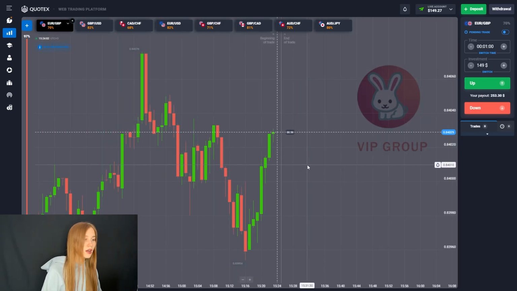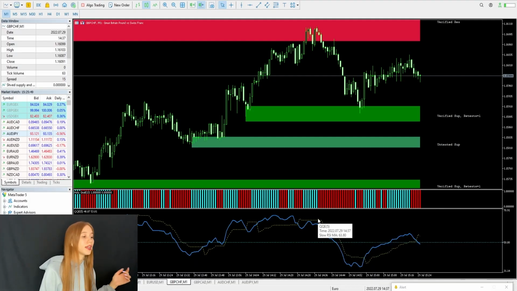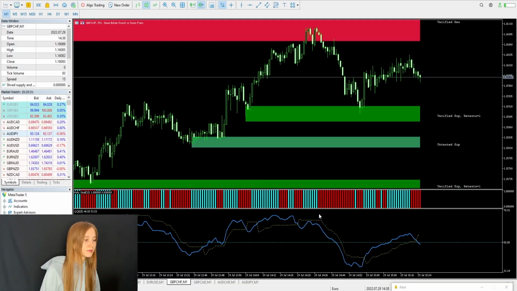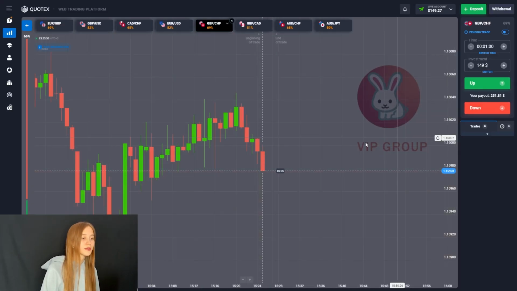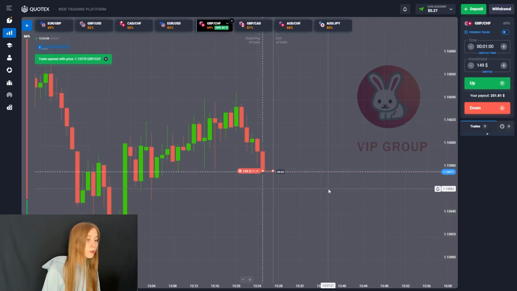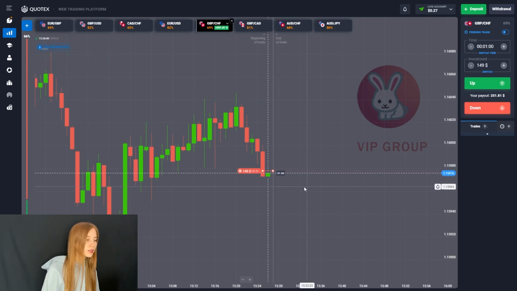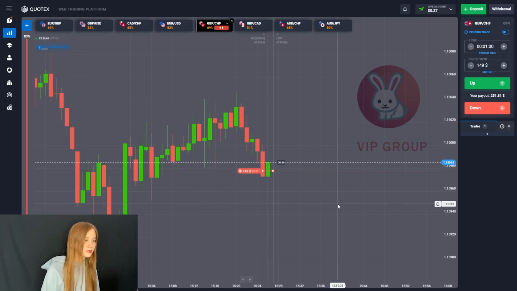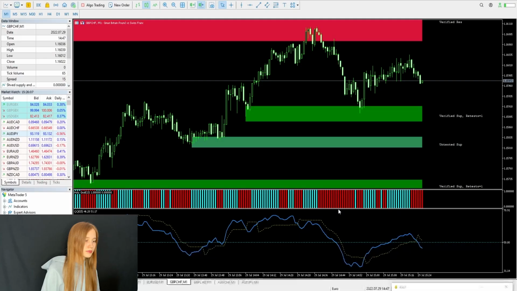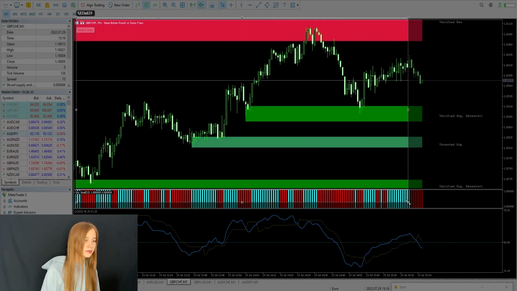Let's move on to the MetaTrader. Let's choose this concept. Move to the broker. The opening is for sale. We will not wait for the end of the candle. We will move to MetaTrader. Here we see a downward movement.